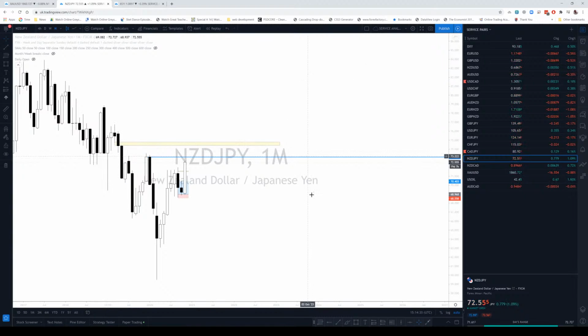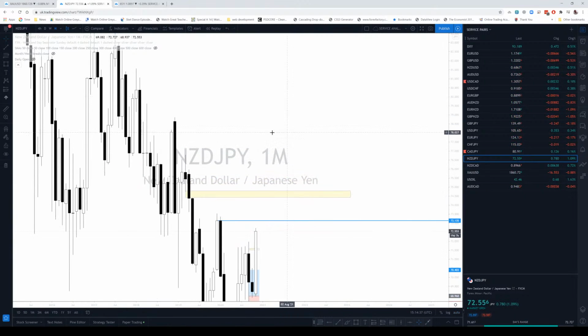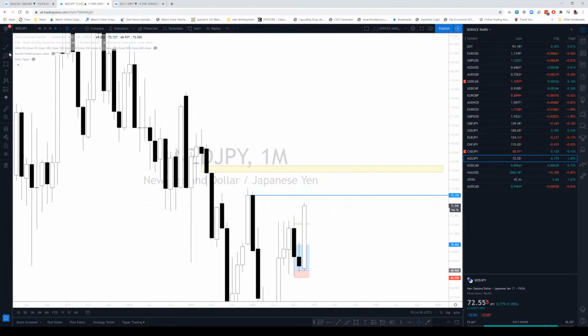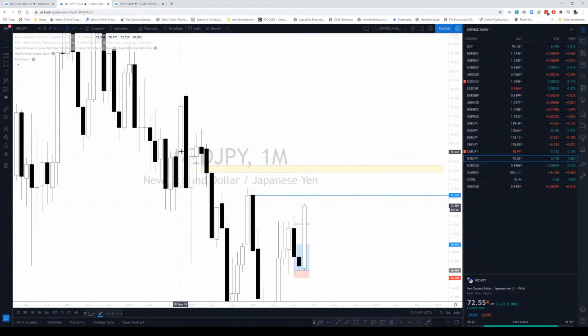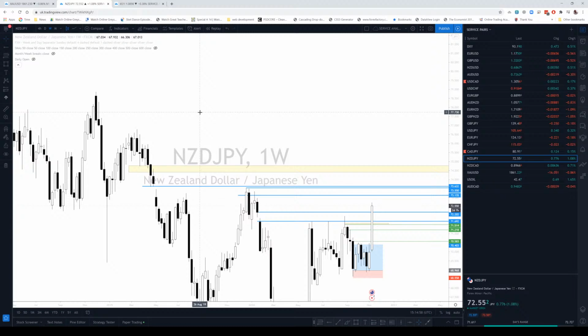There's a tiny little gap here that needs to be closed in as well, right here. So between this high and that, it's a small gap that needs to be closed in. So I use that as another target.